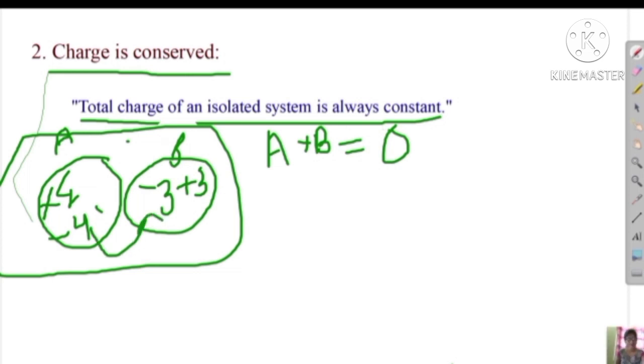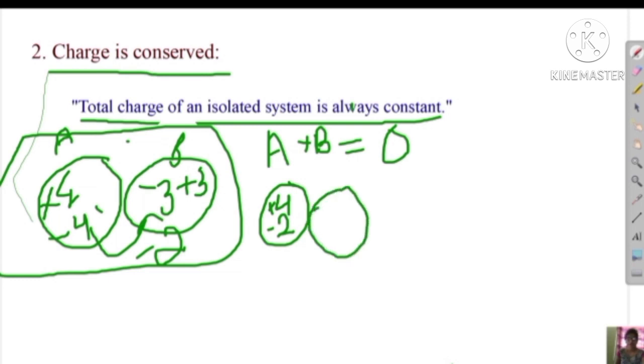Okay, now let us consider two electrons transferred to body B from A. As the two electrons are transferred from body A to body B, now this is body A. It contains 4 positive charges and 2 negative charges, and body B contains the same 3 positive charges.